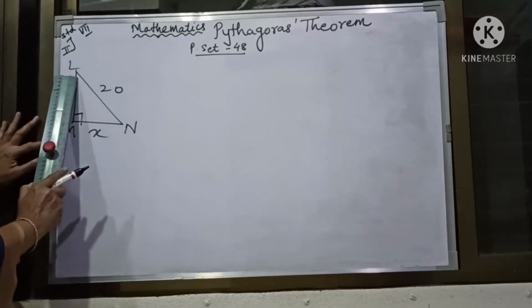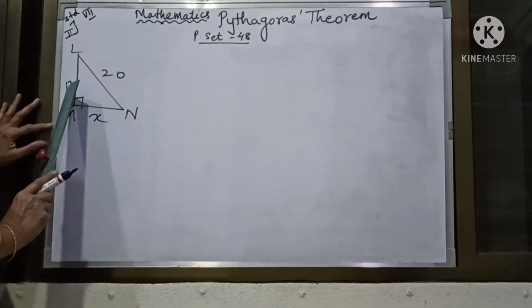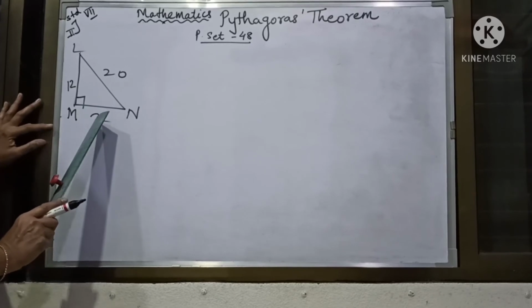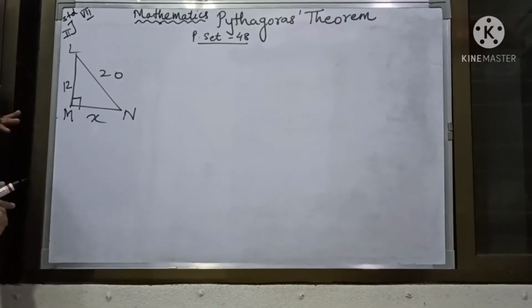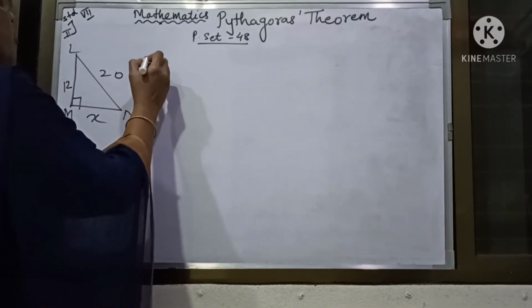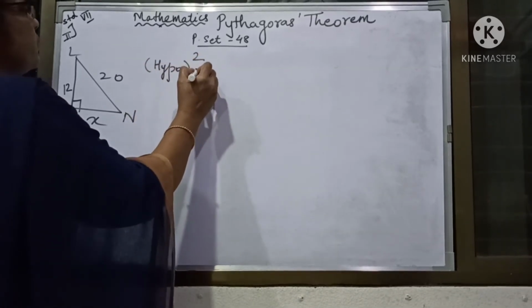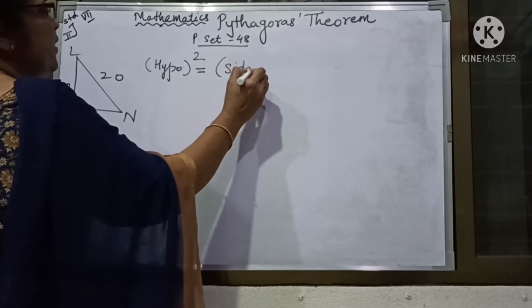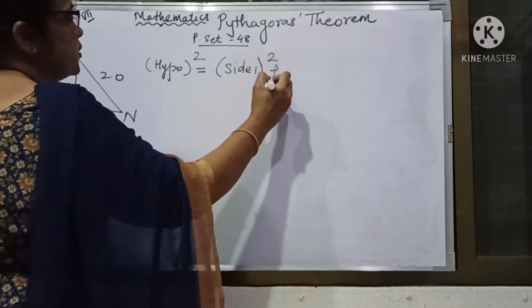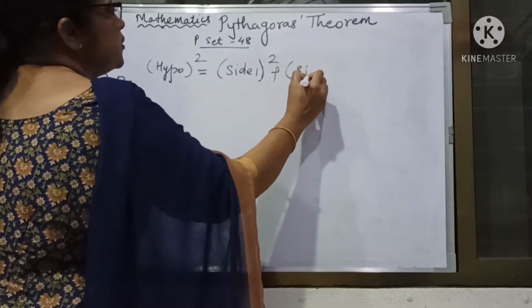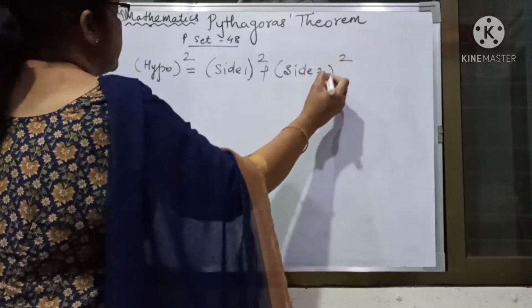Here the hypotenuse is given to you. One side is given to you. You have to find the other side. So we will write the formula. Hypotenuse square is equal to side 1 square plus side 2 square.